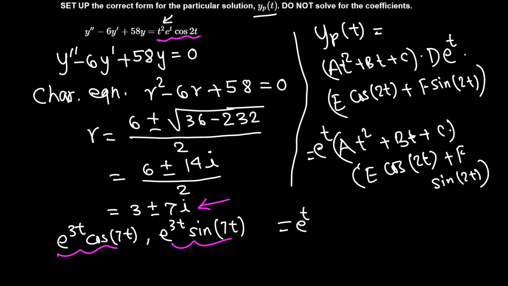This one times this, so at squared plus bt plus c times cosine 2t. So basically I multiplied e cosine 2t by this, and a times e is renamed as a, b times e as b, c times e as c.